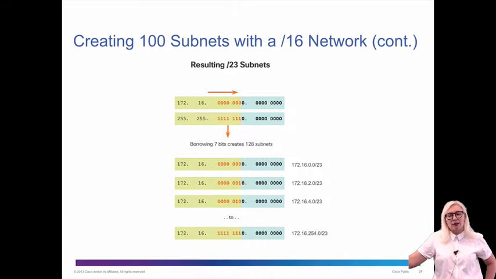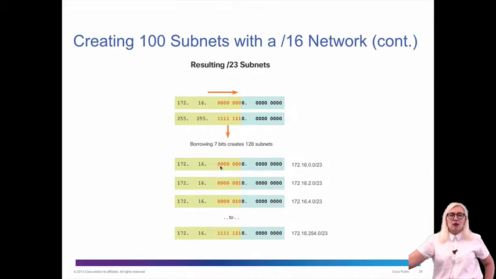And here, for instance, if I have a /16 network from the beginning and I borrow 7 bits, that will create 128 new subnets. And now you can see here, this is a /16 when I begin with, and then I borrow these first 7 bits of the host portion of the IP address.